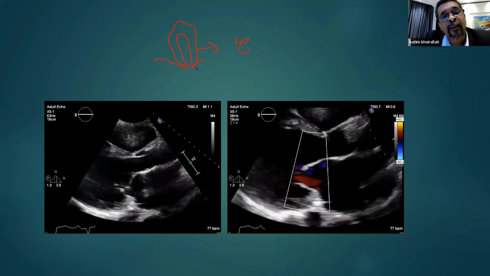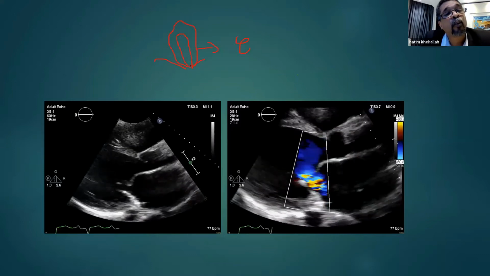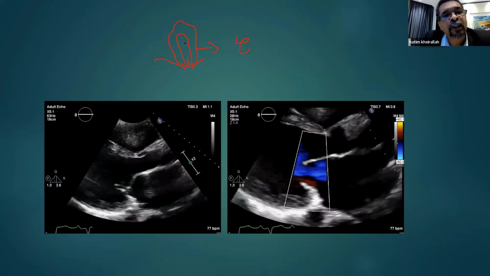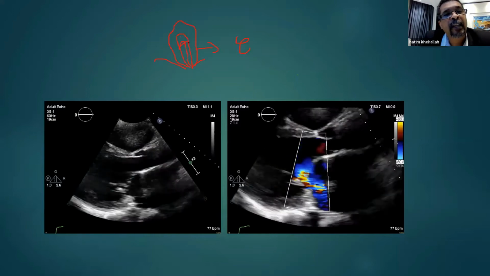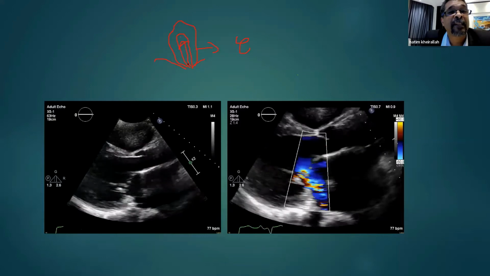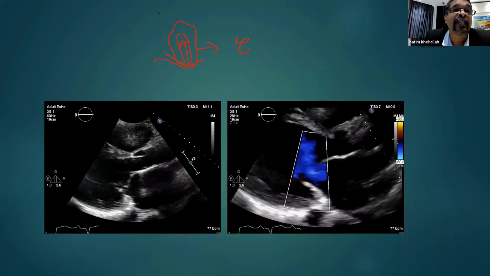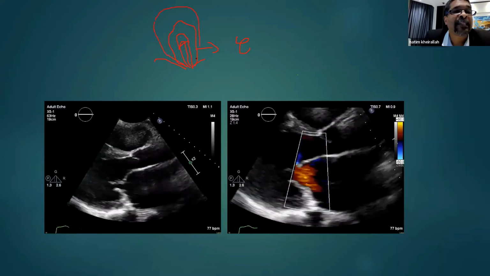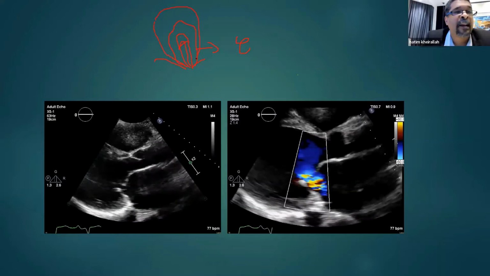Now, it all depends on what? It depends on the velocity of the primary jet. The higher the velocity, the more likely it recruits more secondary jets, and that is going to widen the jet. So central jets appear wider because of entrainment.